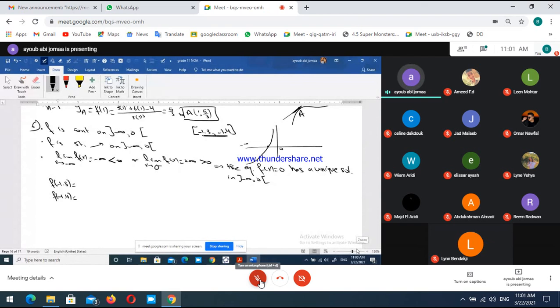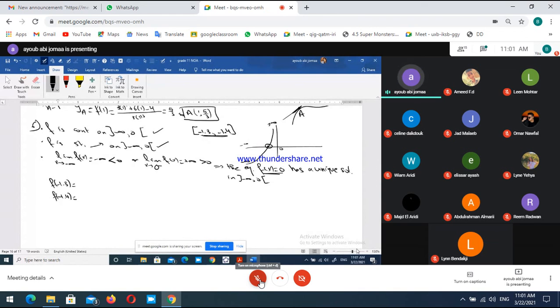The function here is continuous because it's a rational function, and strictly increasing from the table, from negative infinity to positive infinity. It means that it should pass by 0. So the equation f of x equals 0 has a unique solution in this interval, negative infinity, 0.